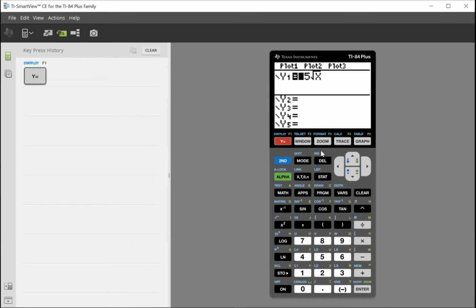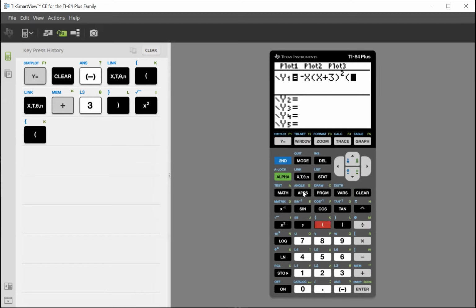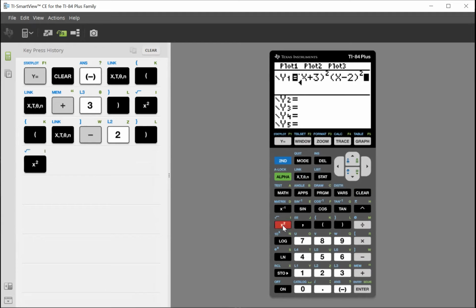So I'm going to go to y equals and clear that out. So I had a negative x times a parentheses x plus 3, close parentheses and square that. Then I had parentheses x minus 2, close parentheses and square that one.